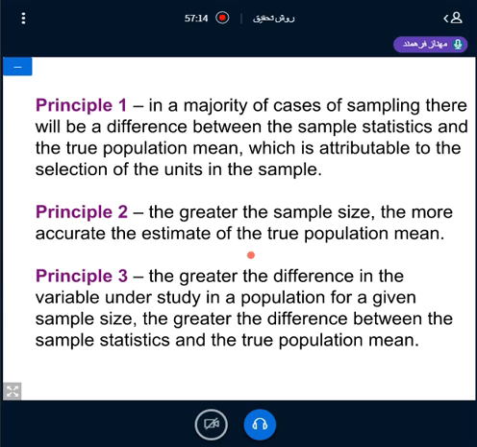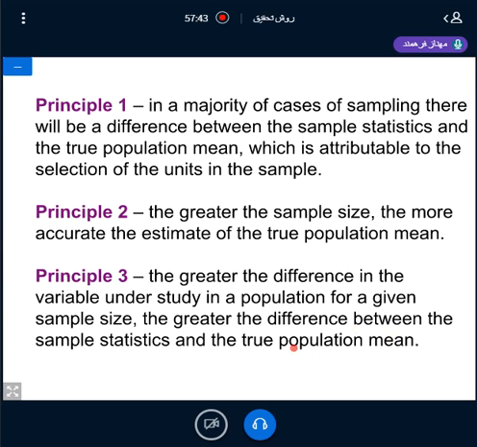So the size of sampling is very important. And principle three, the greater the difference in the variable under study in a population for a given sample size, the greater the difference between the sample statistics and the true population mean.